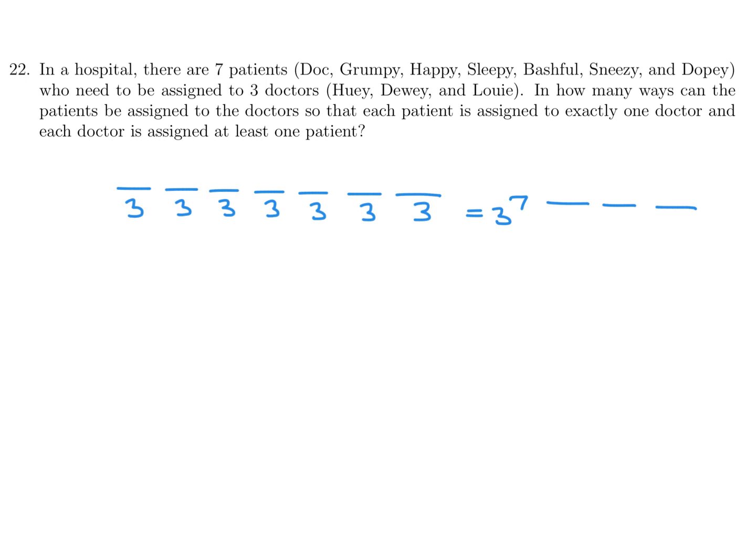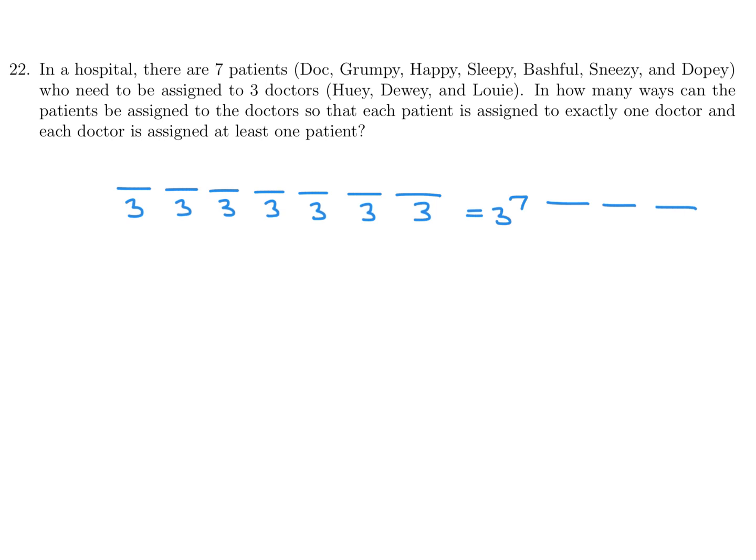But what we want is the patients assigned in a way so that each patient is assigned to exactly 1 doctor and each doctor is assigned at least 1 patient.